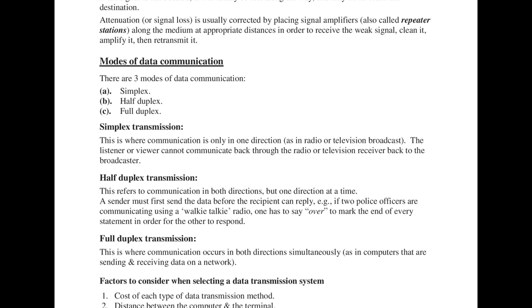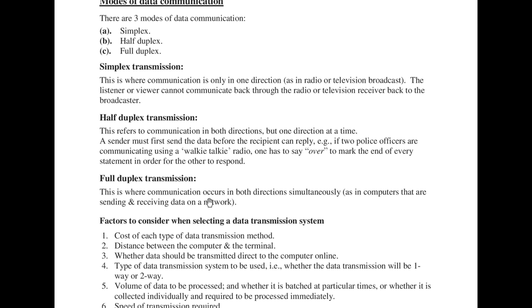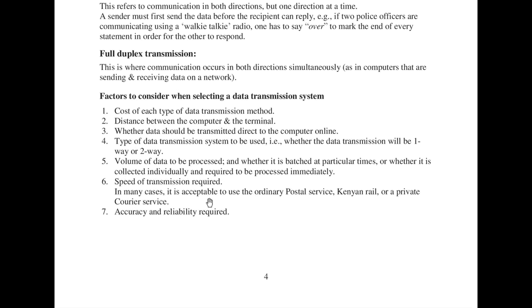Like when the policemen are using walkie-talkie, they must say over, so that the other policeman can communicate. But when you are communicating with your friend, you can hear each other. This is called full duplex. This is where communication occurs in both directions simultaneously. Simultaneously means at the same time.